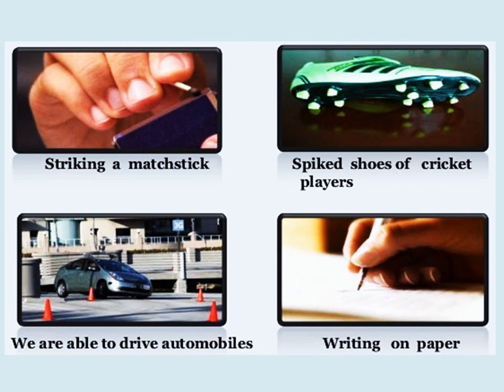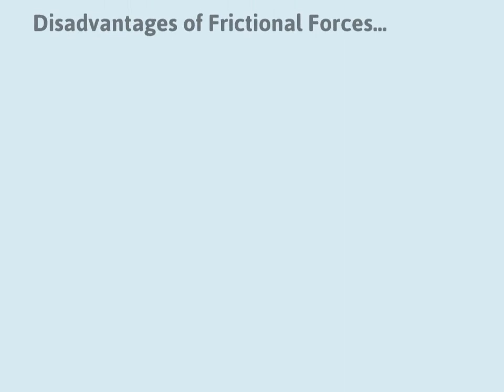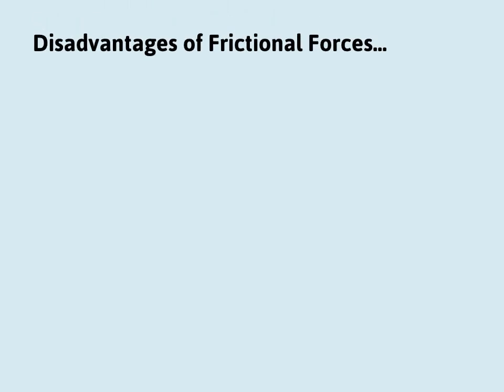And we are also able to drive automobiles and all types of vehicles because, as I said earlier, they give a high friction, so they won't easily skid off. Even writing on paper has friction applied. So these are the advantages.